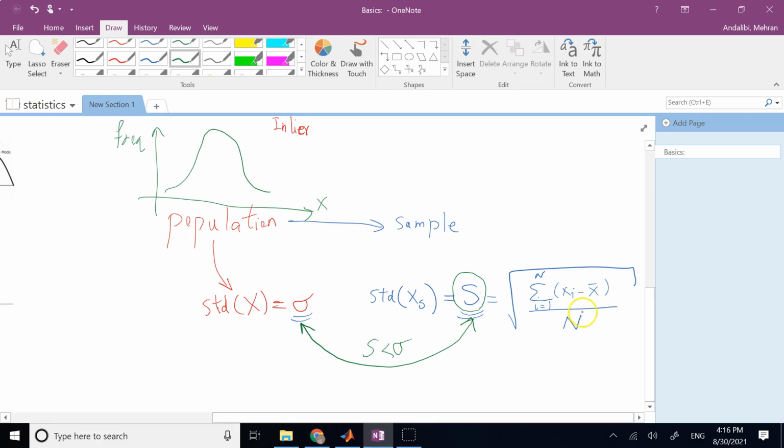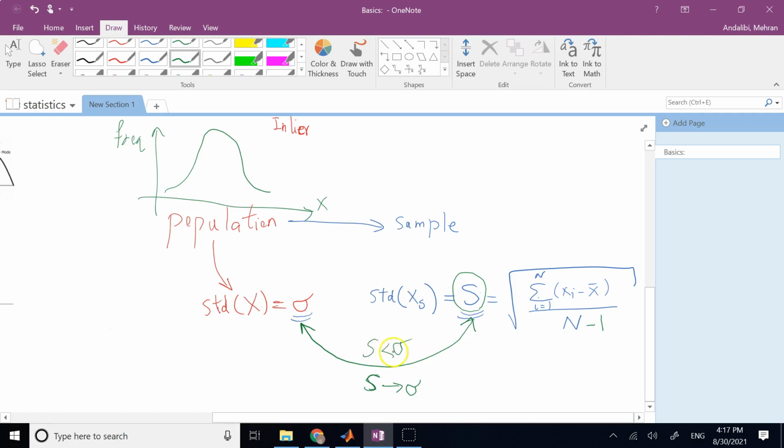And you can show that if instead of n you use n minus 1, then as n gets bigger and bigger, as your sample gets larger and larger, s is going to converge to sigma. So when you make your sample larger, your estimate of the standard deviation of the sample will be a very good approximation to the standard deviation of the population.